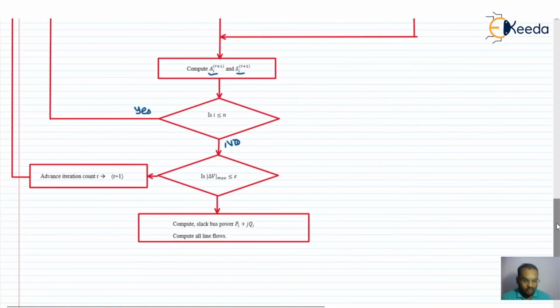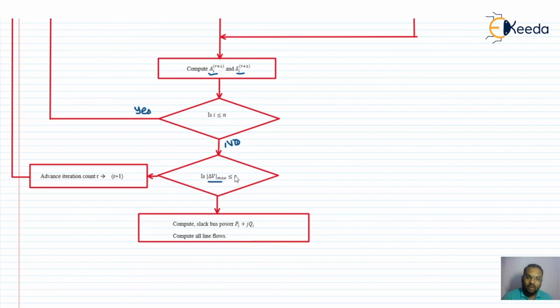Again, when this condition is reached, that is, if i is equal to N, or if i is going more than N, then you have to check whether the maximum change in voltage is within the specified limit.